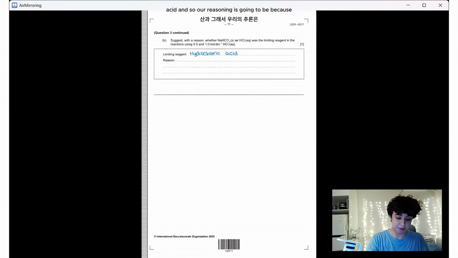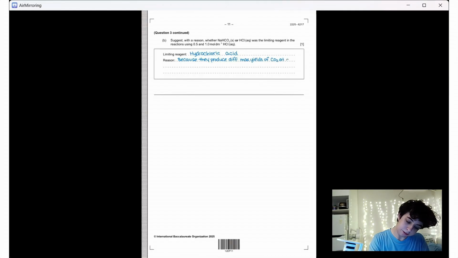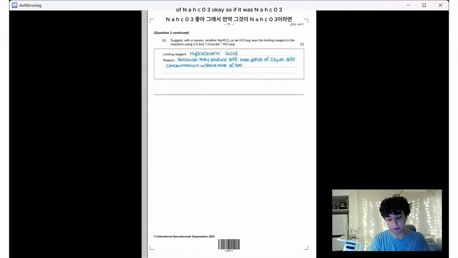And so our reasoning is going to be because they produce different max yields of CO2 at different concentrations with the same mass of NaHCO3.